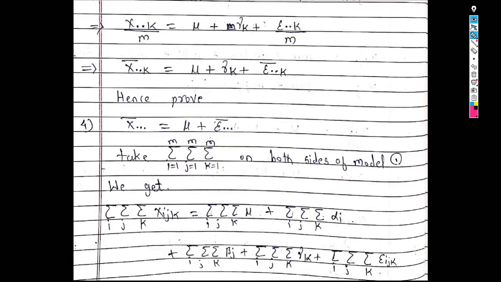So when we take summation over i, j and k, we get grand total, that is sum of all observations, equals to, now mu is a constant, so this triple summation can be written as m square into mu plus m into summation over i alpha i plus m into summation over j beta j plus m into summation over k gamma k plus the last term epsilon dot dot dot.